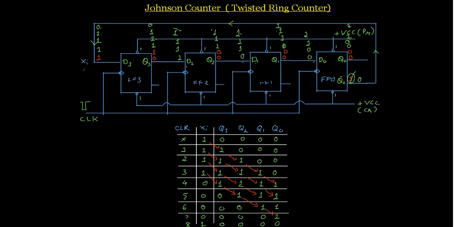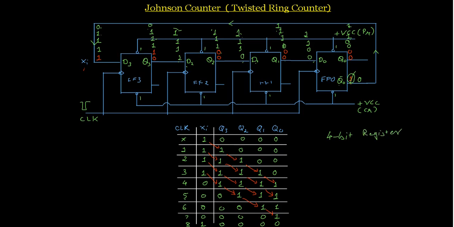So here you can see that we have an n-bit ring counter. Here you can see that we have a 4-bit register.